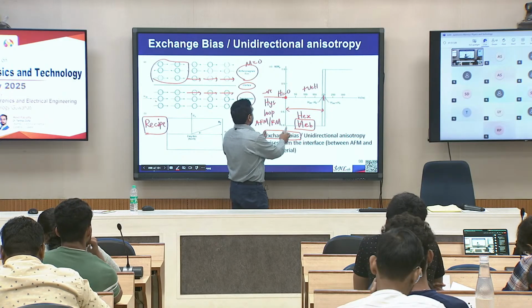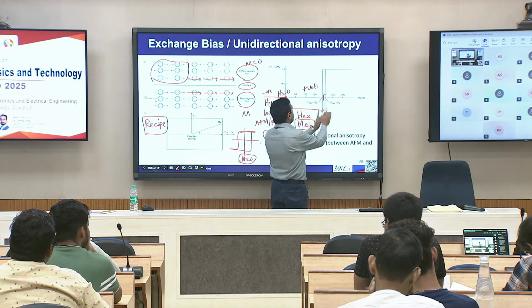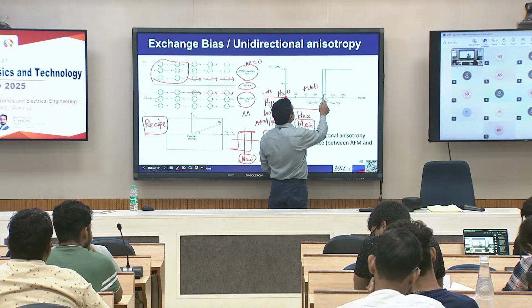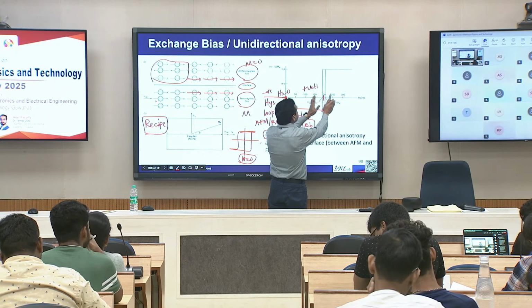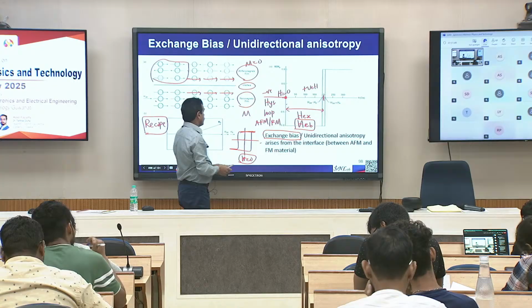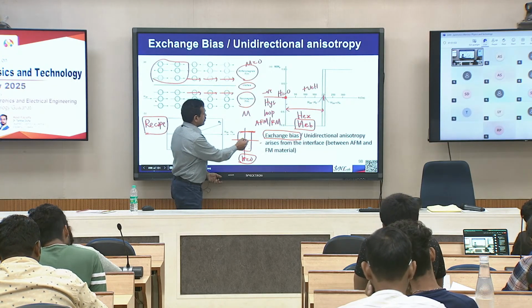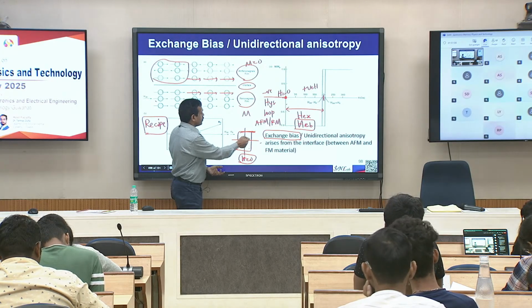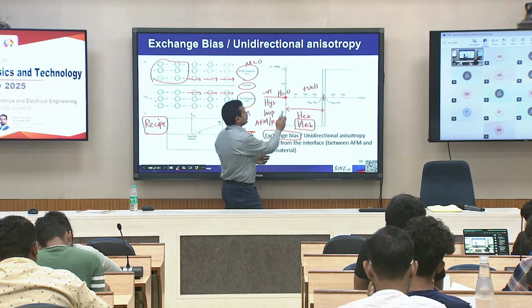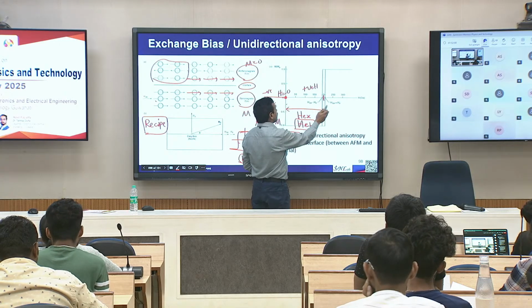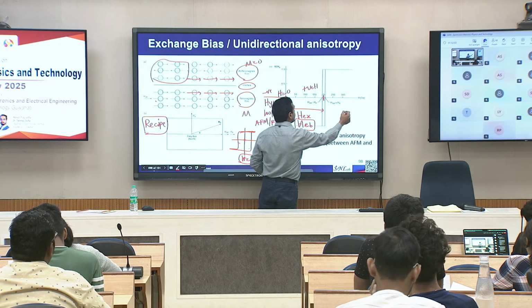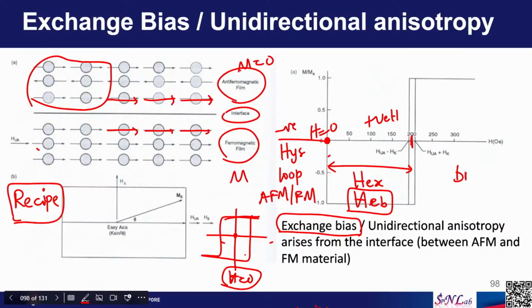So in this case the hysteresis loop is biased to one side. The center of the hysteresis loop is on one side of the field direction. So it is not here, you see it is unbiased. The hysteresis loop is symmetric with respect to 0 field, but here the hysteresis loop is shifted towards one direction, it favors this direction, it is biased toward this direction. Okay. So this field is called exchange bias.